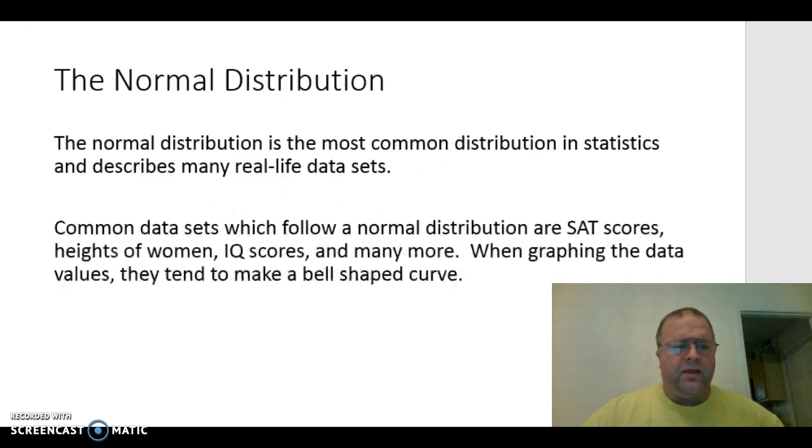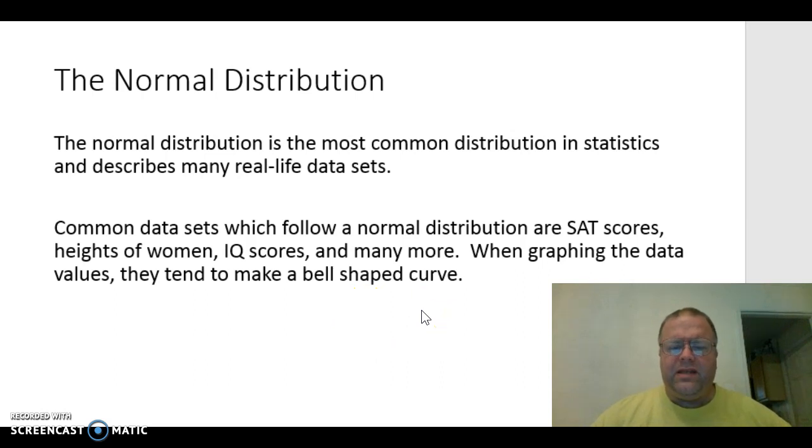All right. So what is the normal distribution? Well, it's the most common distribution in statistics, and it describes many real-life data sets. Common data sets which follow a normal distribution include SAT scores, heights of women, IQ scores, and many other things.